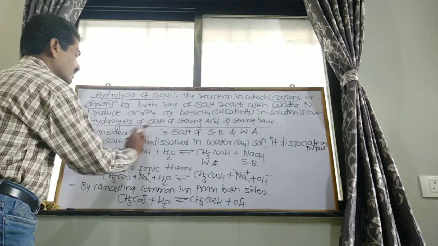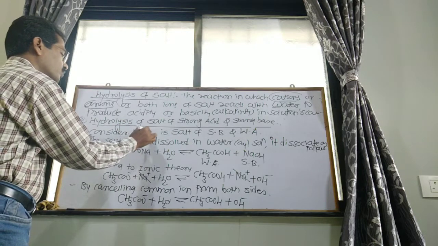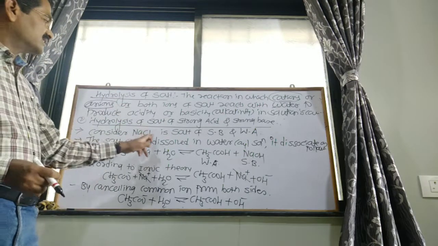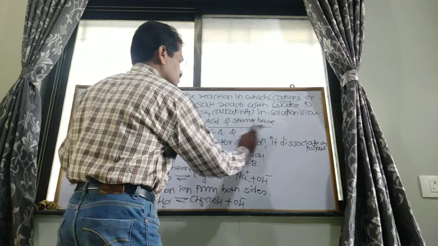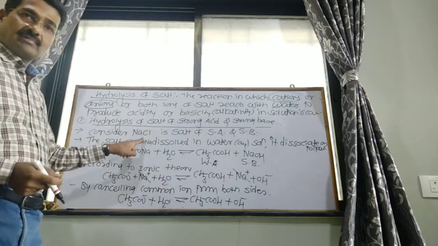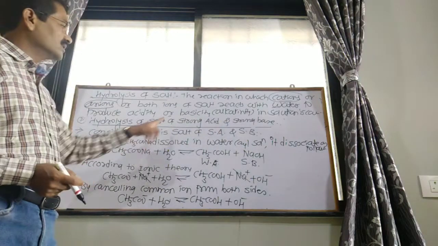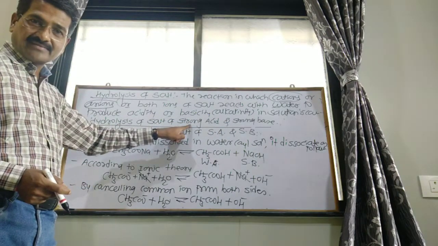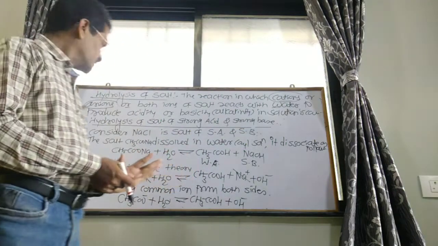Consider NaCl, sodium chloride, the salt of strong acid and strong base. Na is from NaOH, the strong base, and Cl is from HCl, the strong acid.